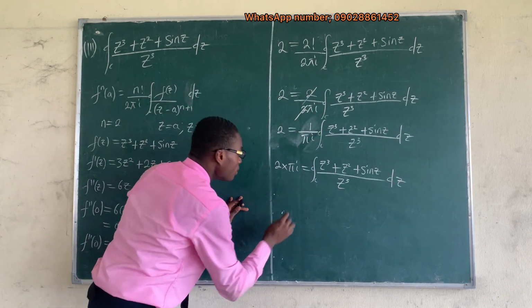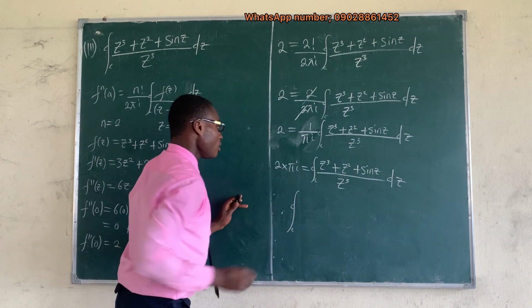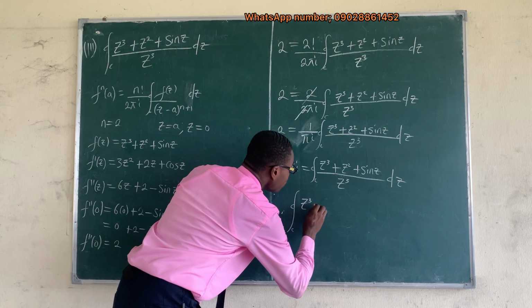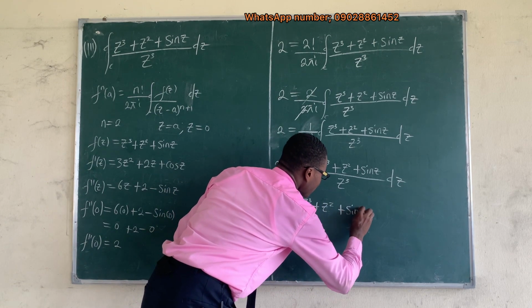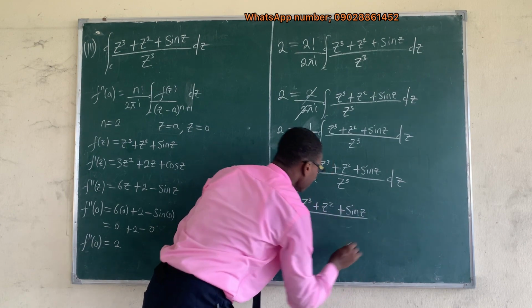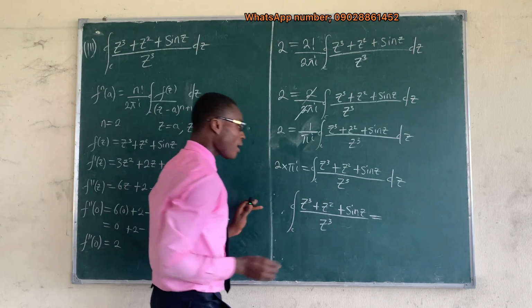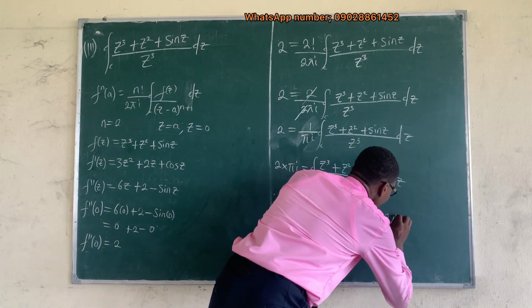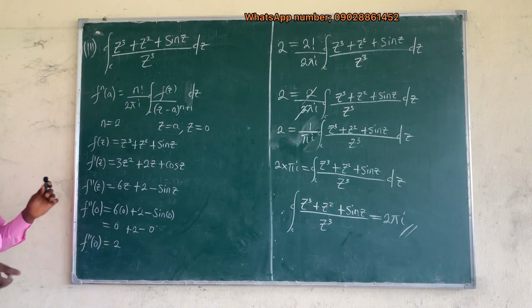So therefore, our integral from c of z cubed plus z squared plus sine z over z cubed is equal to 2 pi I. So that's the answer to that integral.